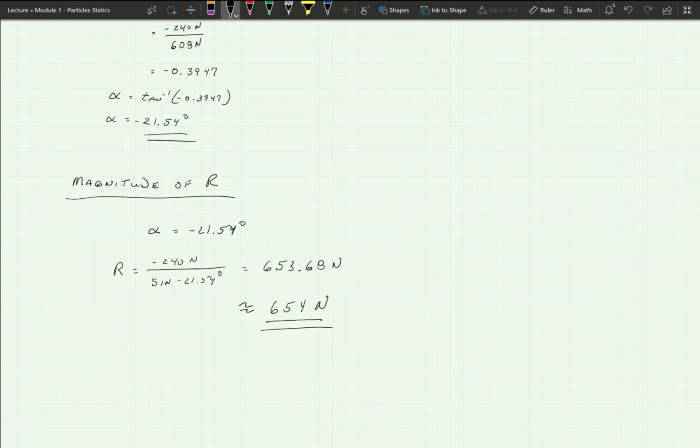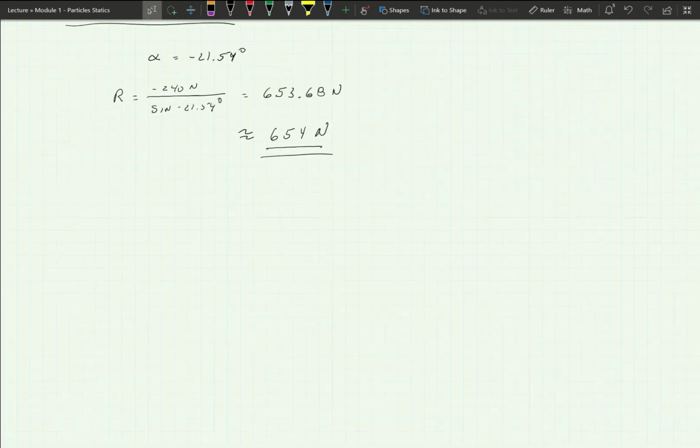Now, the interesting thing is, let me take you on a little wander into the future so you can see what's going on here. Let's say this is a shaft, and I have it like so, and we'll just cut it off the back here. This is Z, that's Y, that's X, and for some reason I have a resultant vector out here that is R equal to 654 newtons, and my alpha is equal to negative 21.54 degrees.